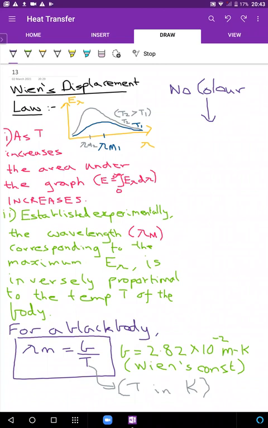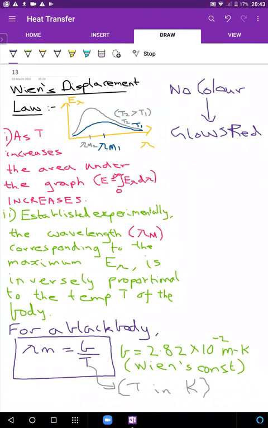But as you start to heat iron, you know that it glows red. When it's glowing red, what has happened? It's now emitting radiations in the visible region, more specifically towards the red end of the visible spectrum.